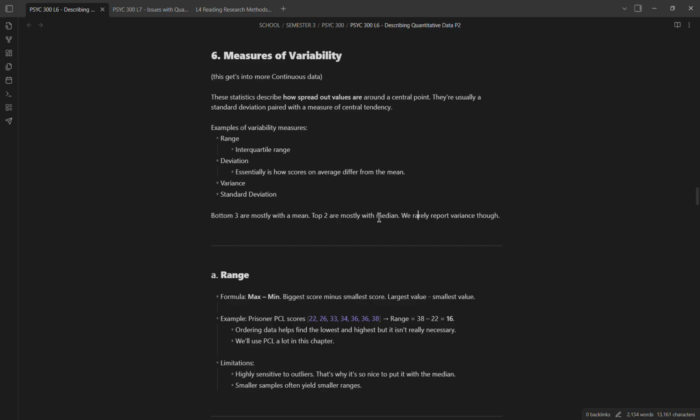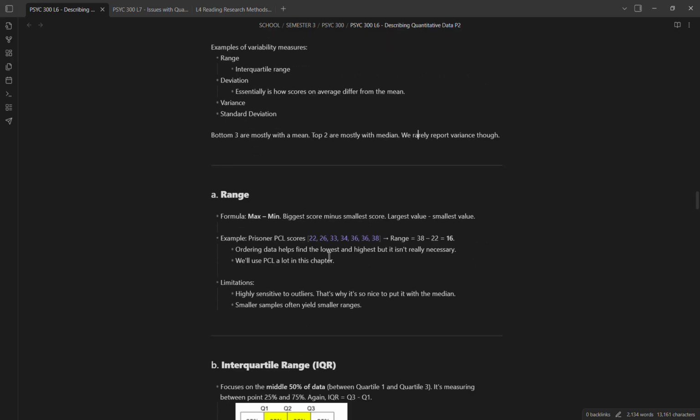Deviation, variance, and standard deviation are generally about the mean, and range and interquartile range are generally about the median. We rarely report on variance though. But yeah, let's get into these different measures of variability.